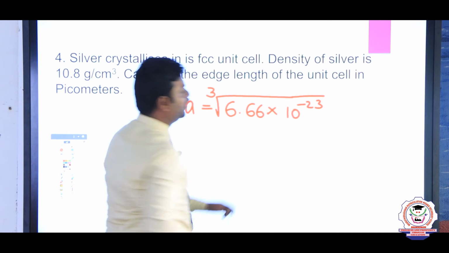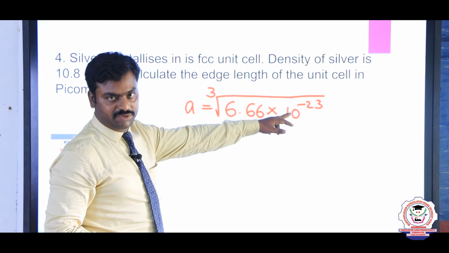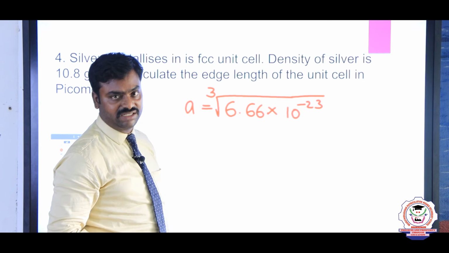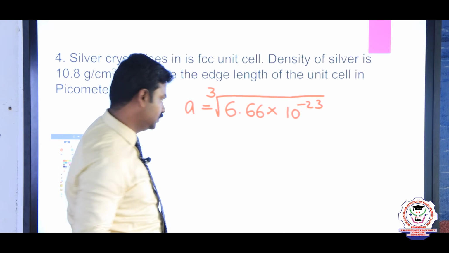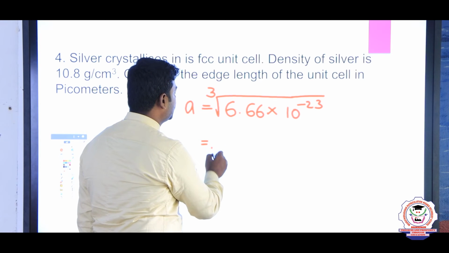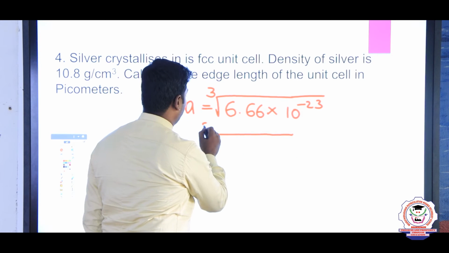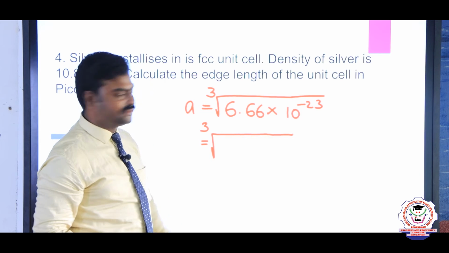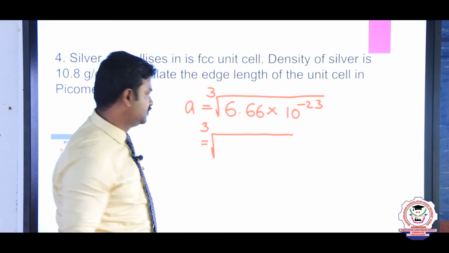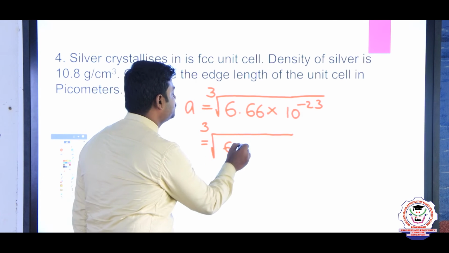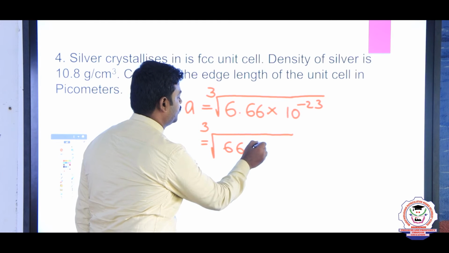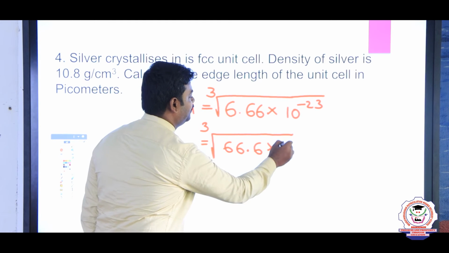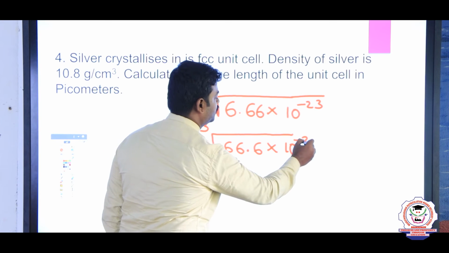See, here you can't take the cube root for 10 power minus 23, so we are going to convert it to 10 power minus 24. How can you convert it? By multiplying 6.66 by 10. So, it will be 66.6 into 10 power minus 24.